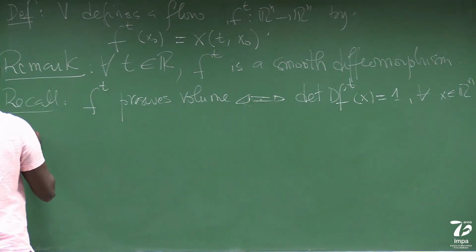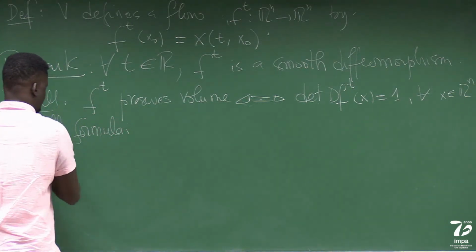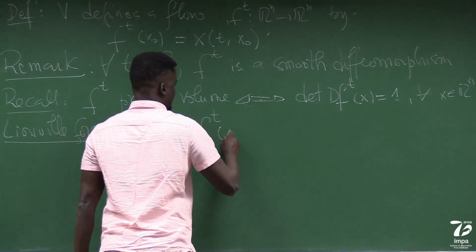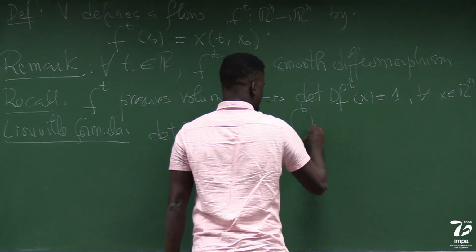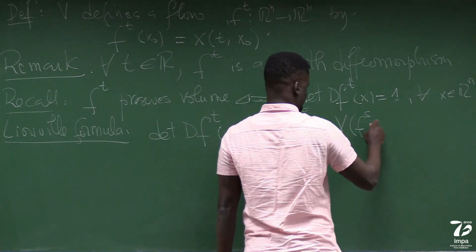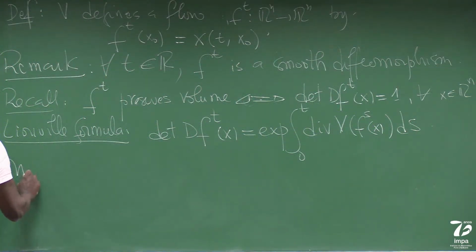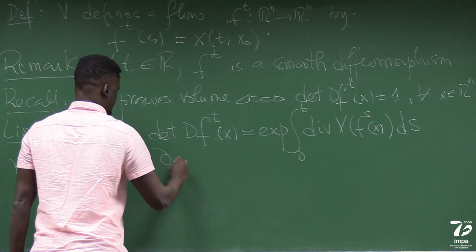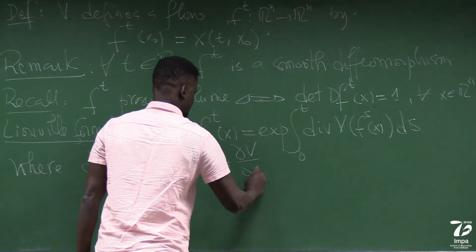Liouville's Formula tells you that the determinant of dFT at x is the exponential of the integral from 0 to t of the divergence of the vector field v along the orbit until time t, F_s x ds, where the divergence of v is just dv over dx1 plus dv over dxn.